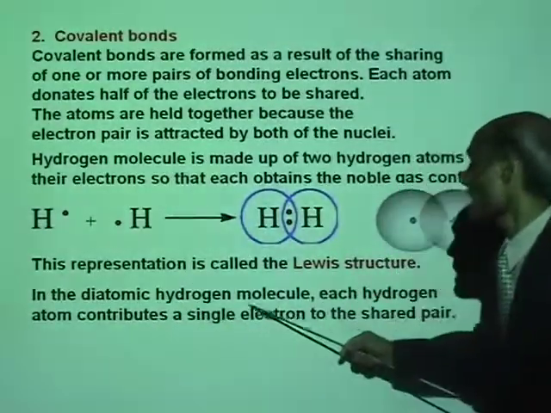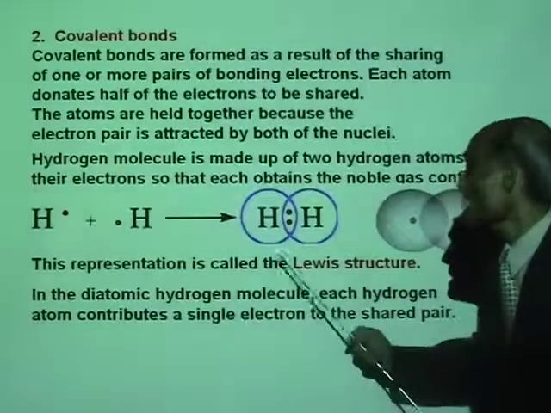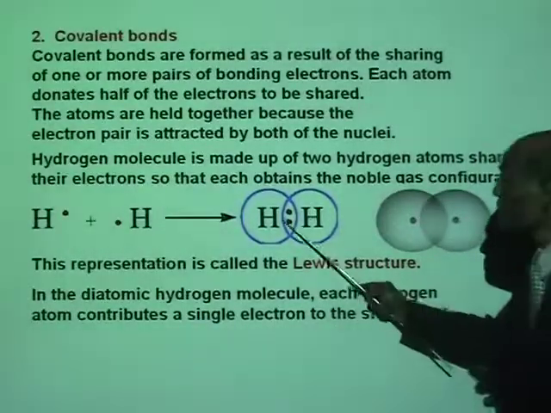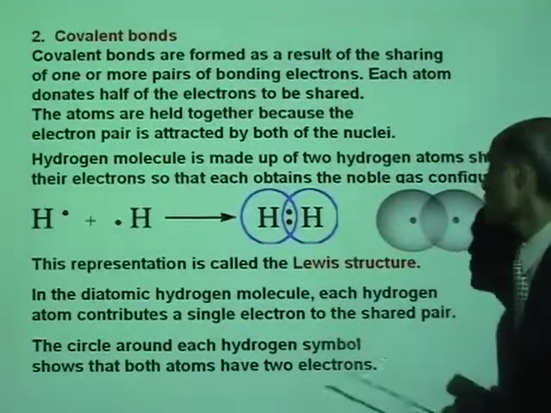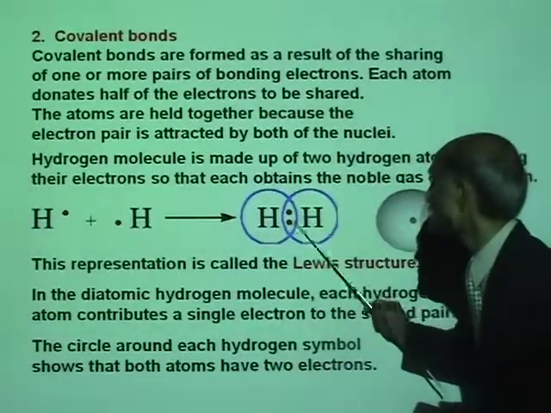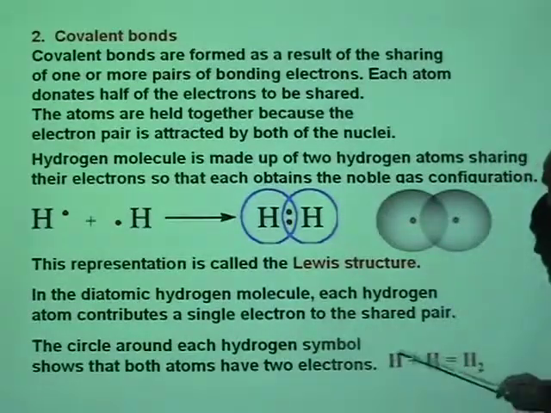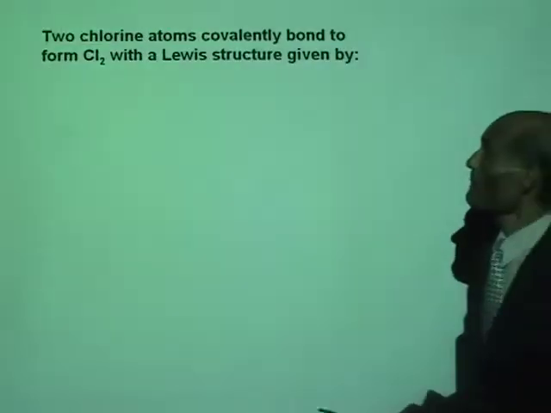In the diatomic hydrogen molecule, each hydrogen atom contributes a single electron to the shared pair. This is the shared pair. Now the circle around each hydrogen shows that both atoms share that pair of electrons. So H plus H equals H2. This H2 stands for the hydrogen molecule.